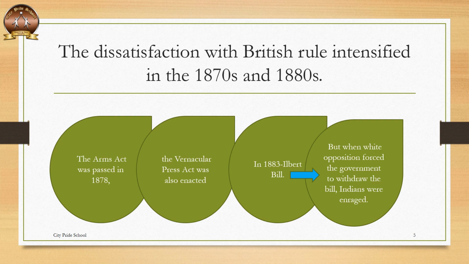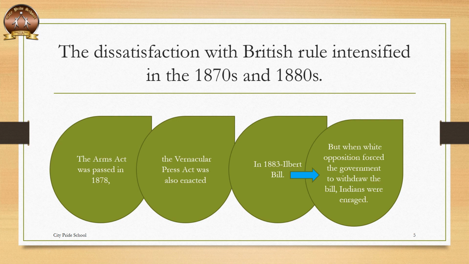Now this act allowed the government to take over the assets of newspapers and printing press if they publish something which is against them. So they do not want that press should publish anything against them.